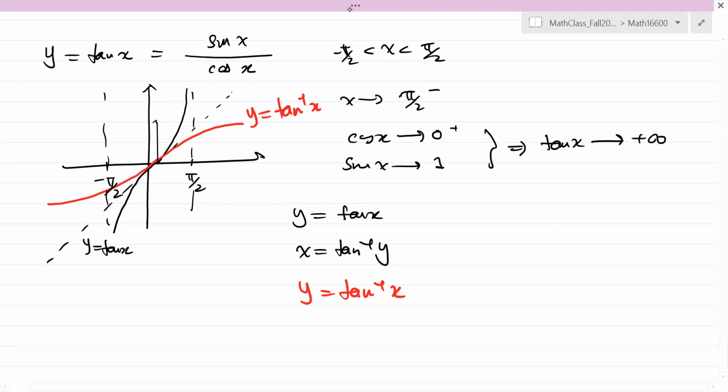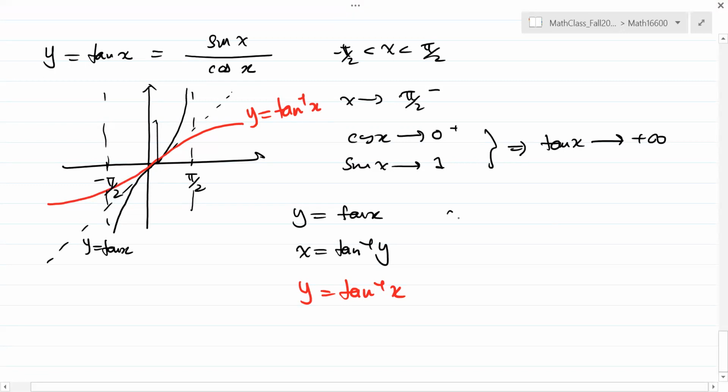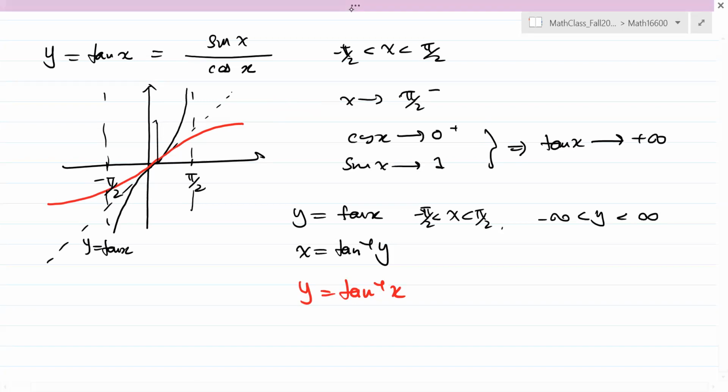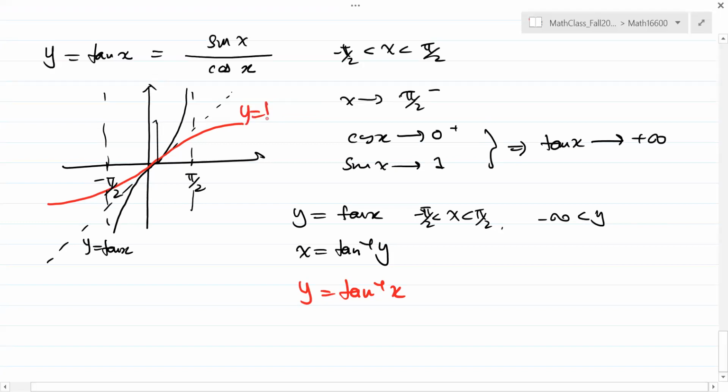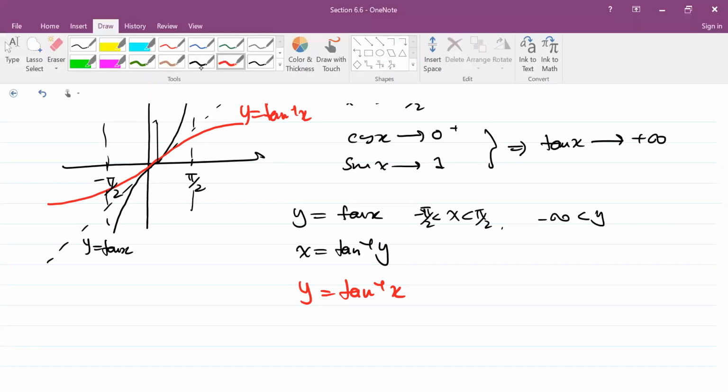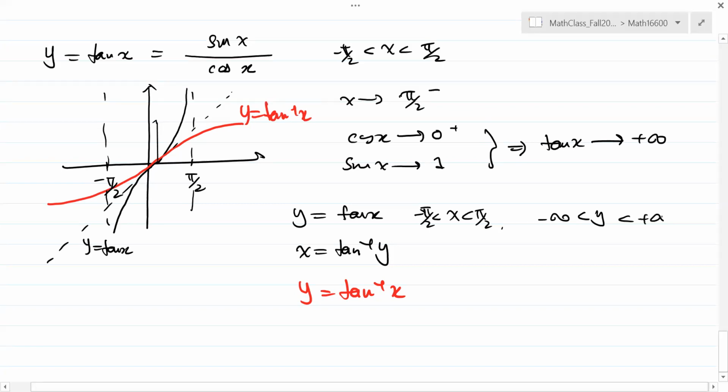And look at the range of the original function, which will be from negative infinity to positive infinity.